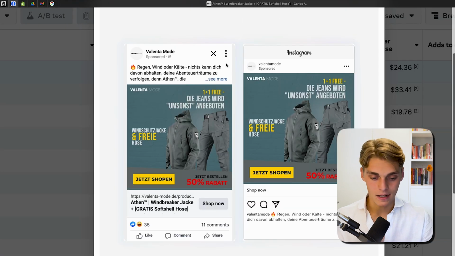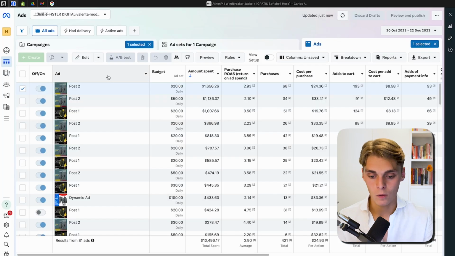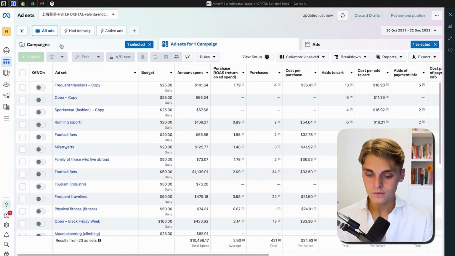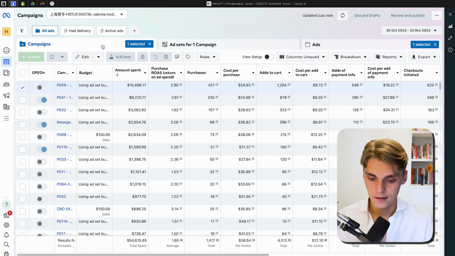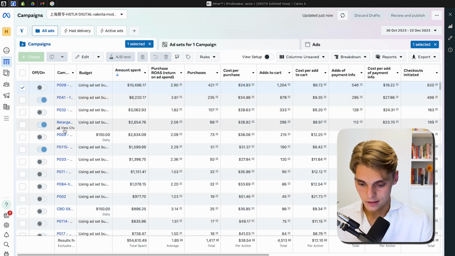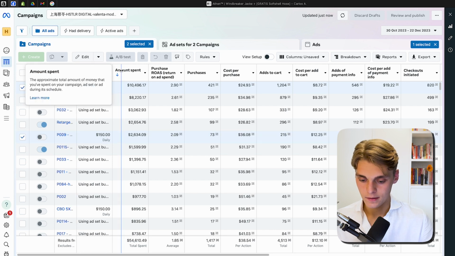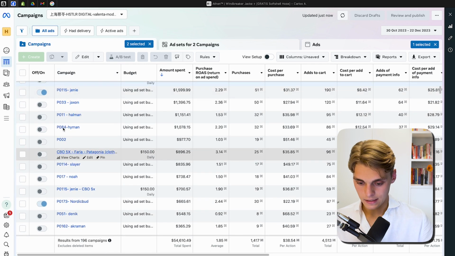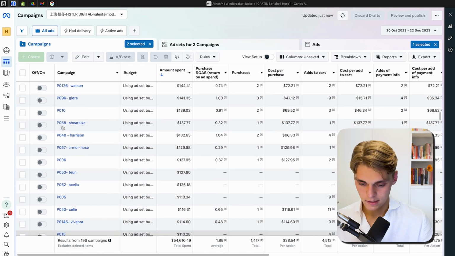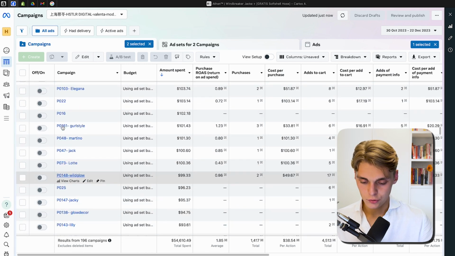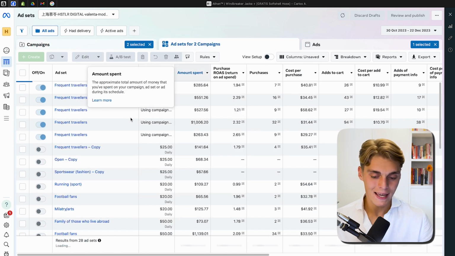Overall, for this campaign and this product, I can show you right now when we go to ads and we use all the P009 campaigns. Then we see here P009, and a few more potentially. Now let's use only these two. We go to the ad sets.